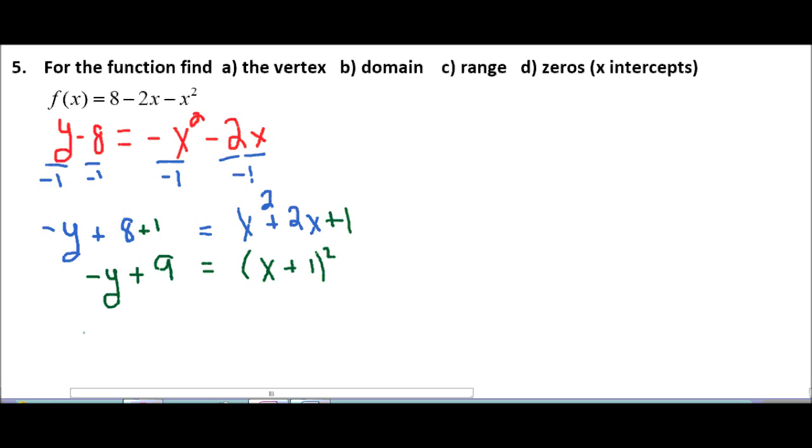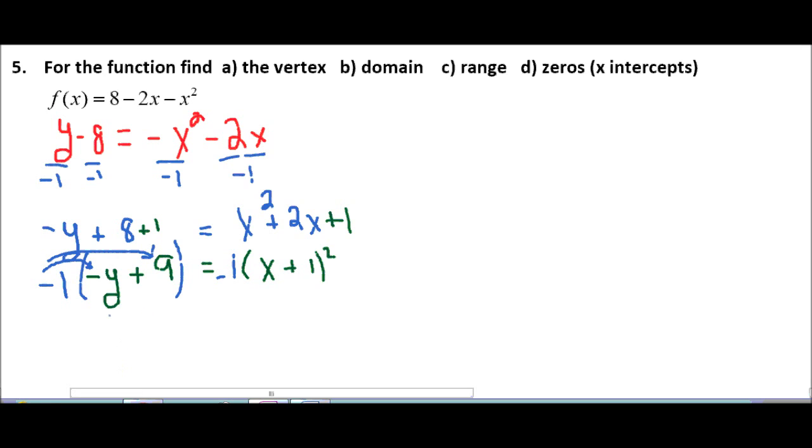And then remember that negative, we don't want that negative in front of the y. Okay, so from the negative 1 we divided by, now we're going to multiply back through by that negative 1. So negative 1 here and negative 1 on this side. Remembering we can distribute it on this side because there's no exponent on that parenthesis.